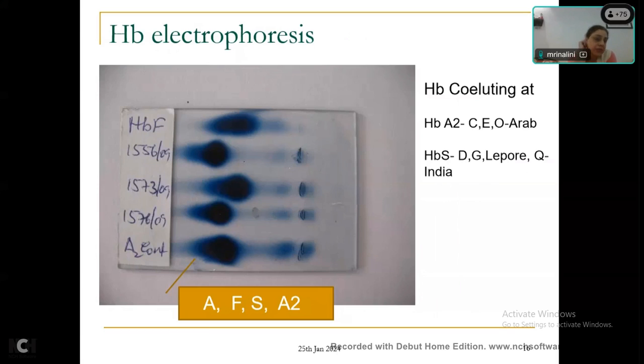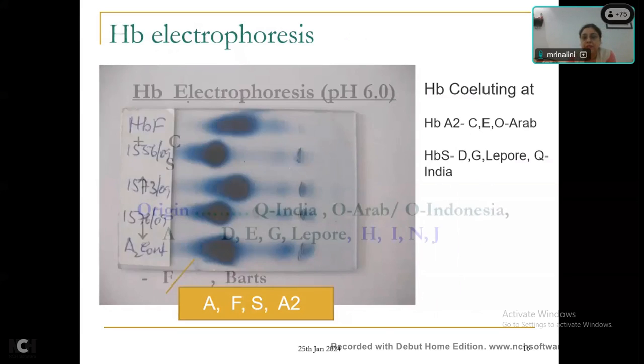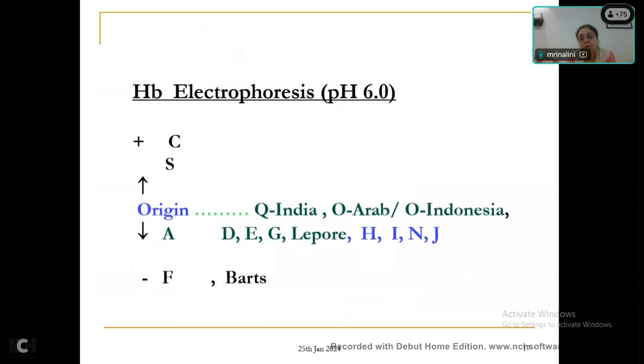That is how, with just this simple technique, we can pick up so many different kinds of hemoglobinopathies. There is another type of hemoglobin electrophoresis that is acidic, and that is also able to distinguish various kinds of hemoglobinopathies, but it is not very popular.